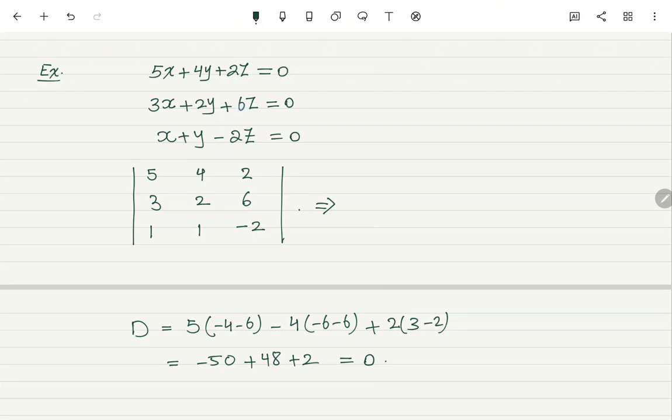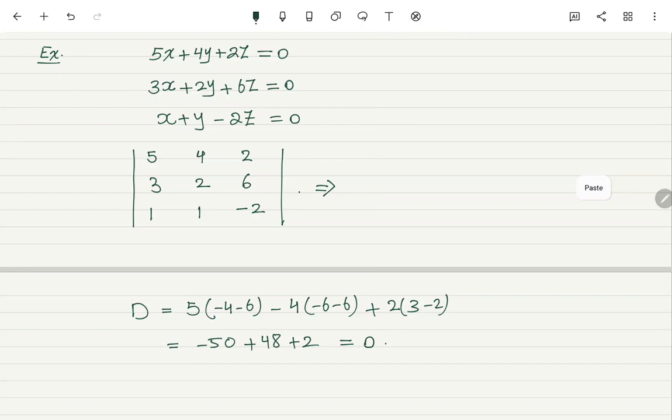If the determinant is equal to 0, then it's worth it to solve these equations because you will get solutions other than the trivial solution. But if the determinant of the coefficients is not equal to 0, the only solution we have here is the trivial solution, so there is no need to continue solving these equations.